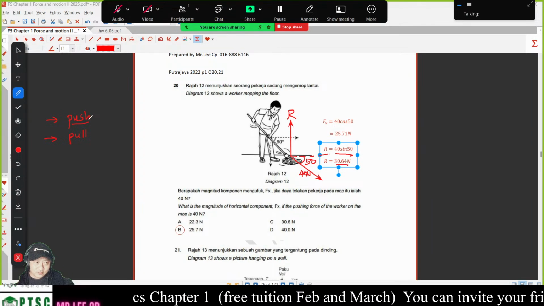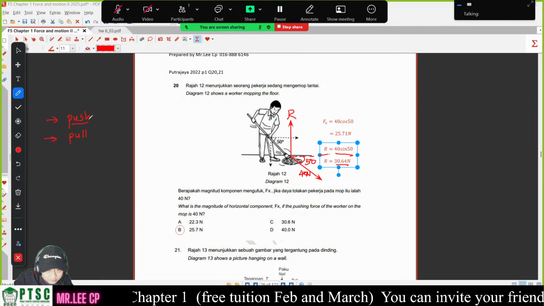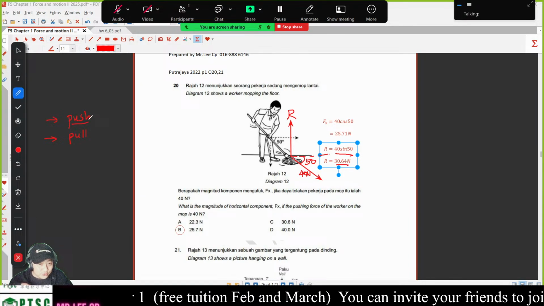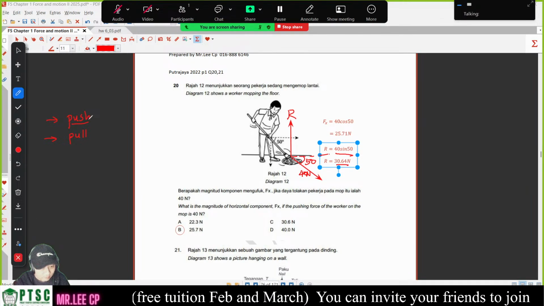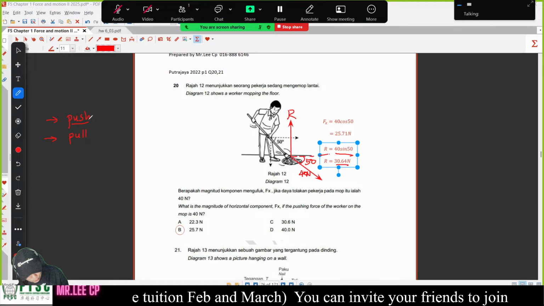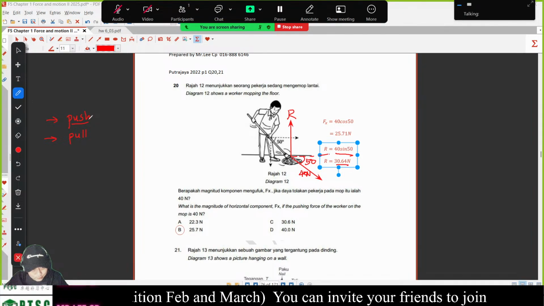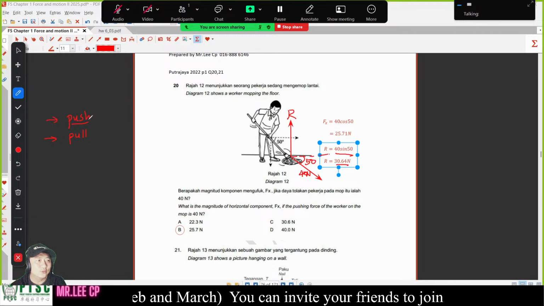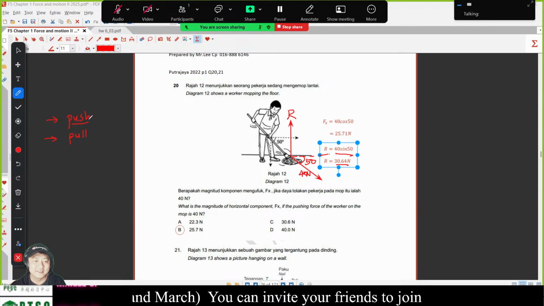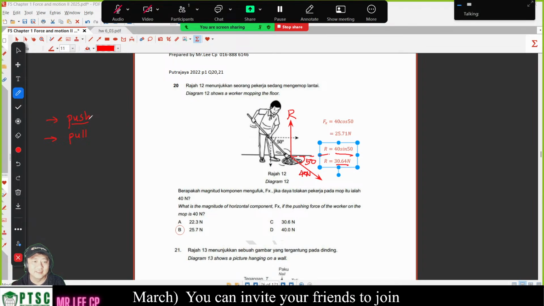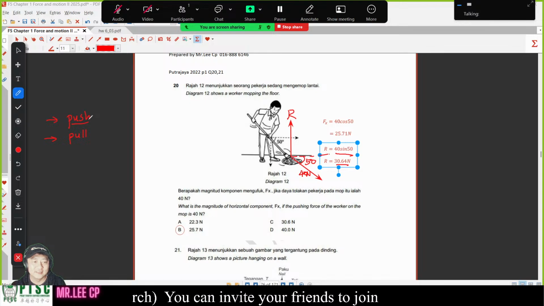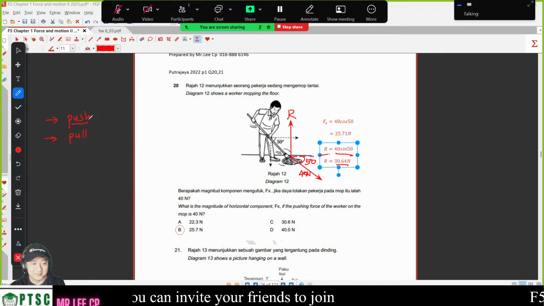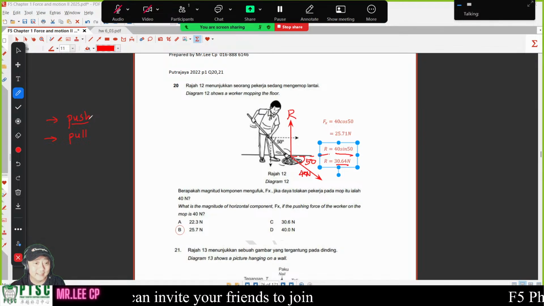Whether you should push the mop your mother asked you to use to mop the floor, or you should pull. Push or pull? Your mother has to pay you 10 ringgit. Should you push or pull?